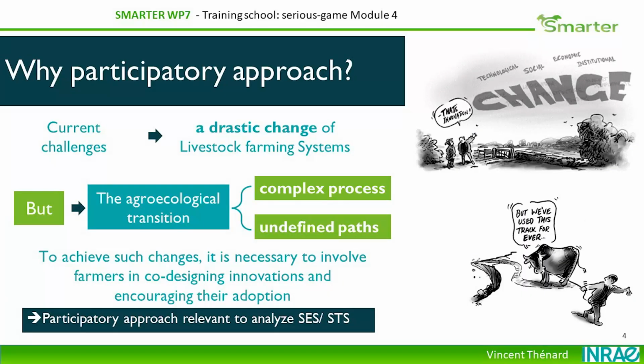It's a complex process and an undefined path. So, to achieve such changes, it's necessary to involve farmers in co-design, innovation, and encourage their adoption. These participatory approaches are very relevant to analyze socio-ecological systems or socio-technical systems.